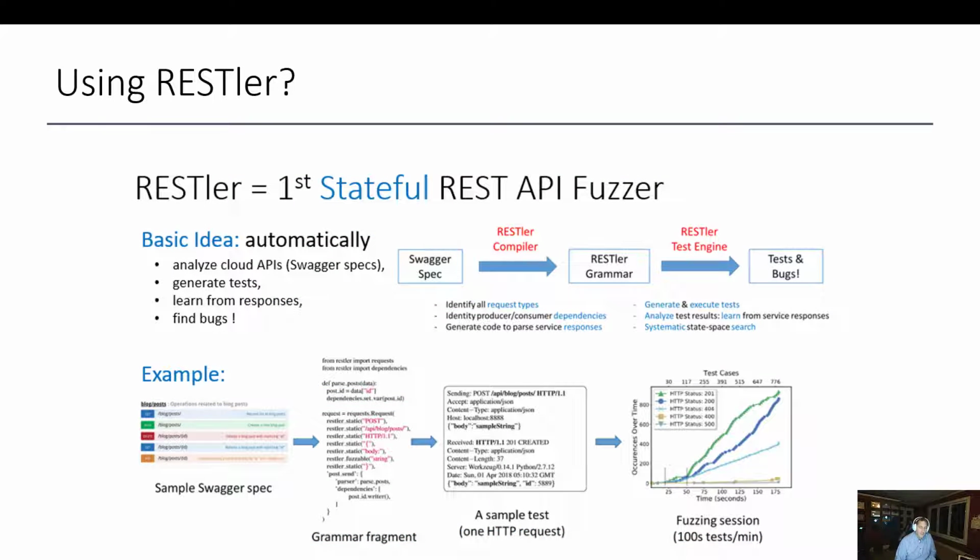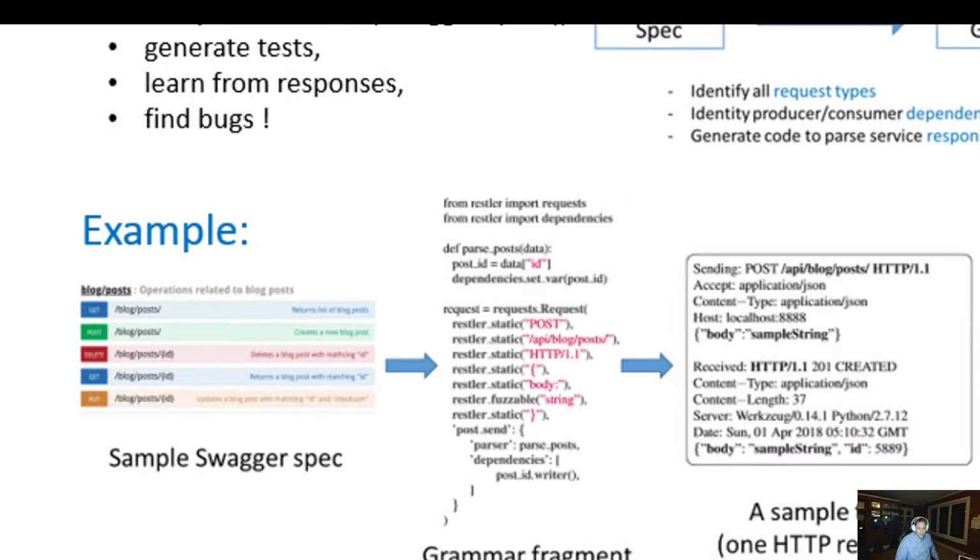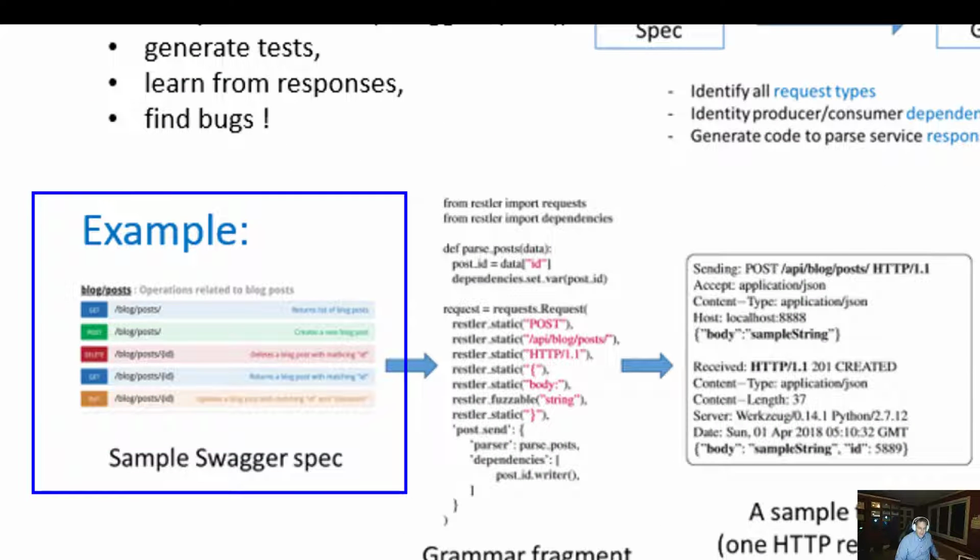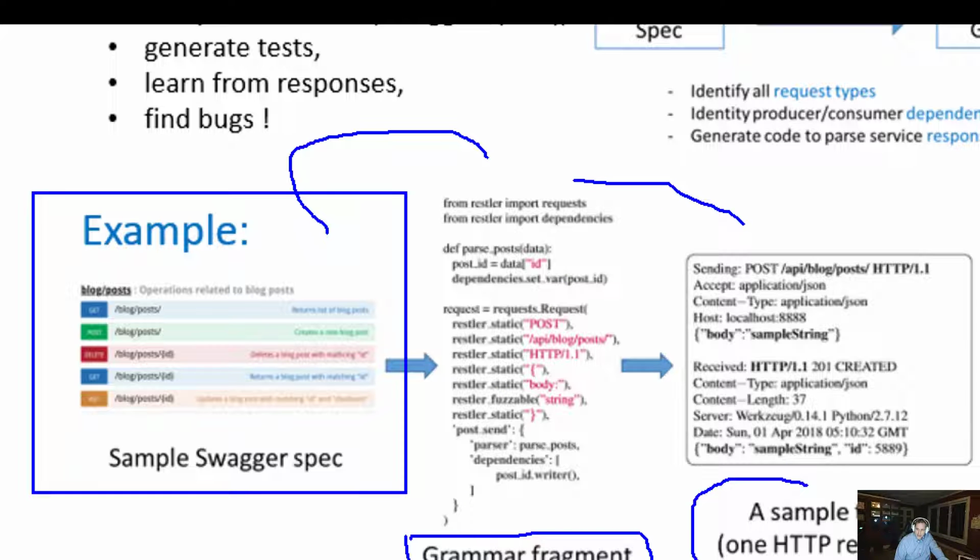So in a nutshell, let's take a look here. If you take a look at the example, you take your OpenAPI spec, which will be describing my API. The fuzzer will then do a compilation and create what is called a grammar fragment. This is Python. It's going to take that Python file, and then effectively after that, send a bunch of sample requests.